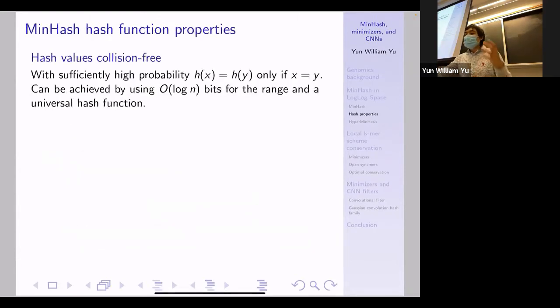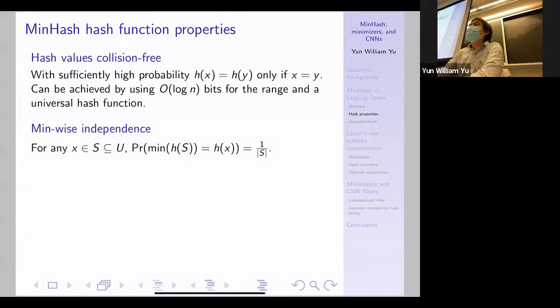But this is actually not quite enough for a MinHash hash function. We want a couple of other properties. One of them is the collision property, something like universality, where you want there to not be very many collisions. You can achieve this by just using O(log n) bits for a standard hash function. This is the easier of the properties that you want for a MinHash.